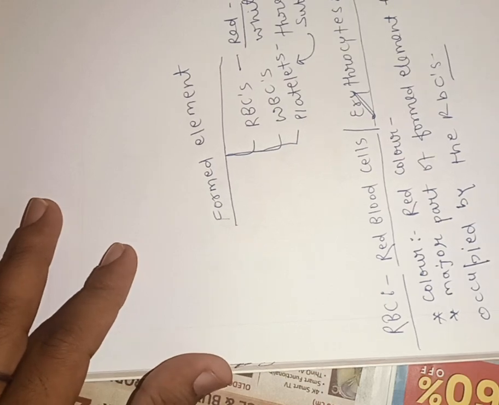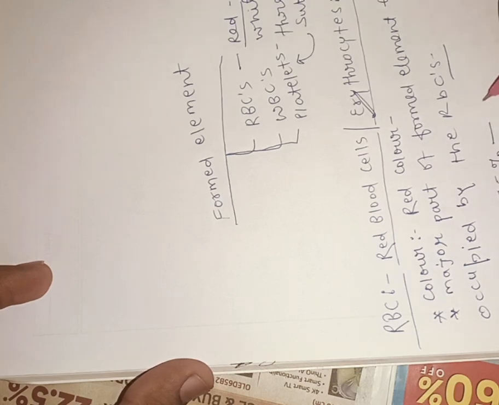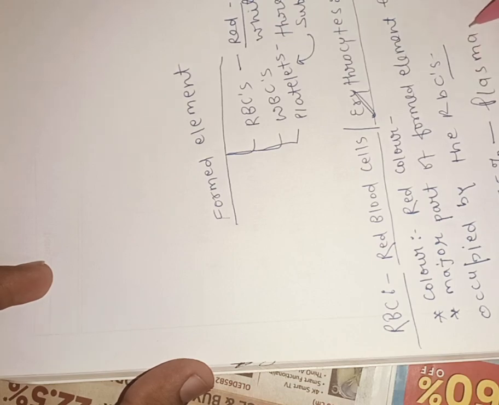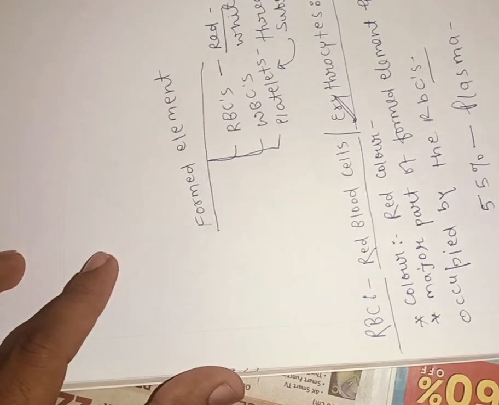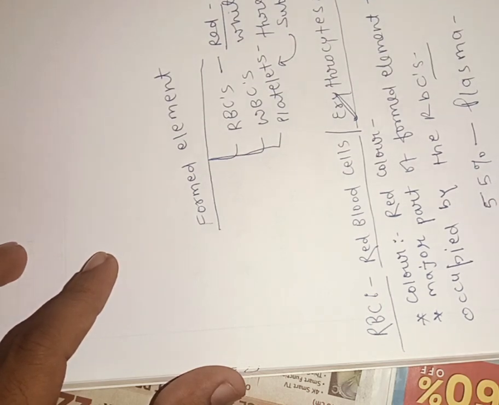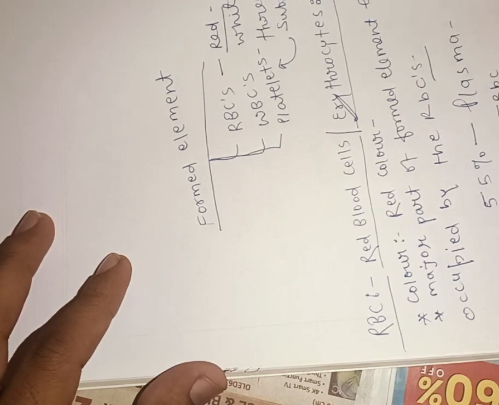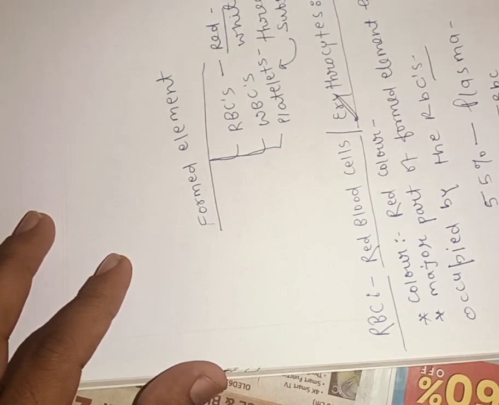As we know that 55% part of blood is contained by the plasma, and 45% part of the blood is made up of the formed elements like RBC, WBC and platelets.